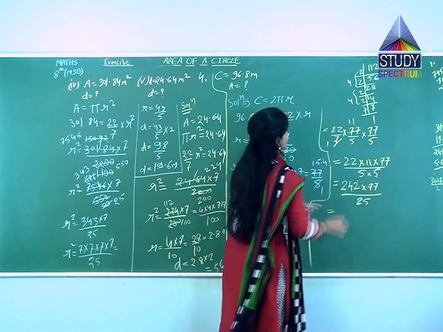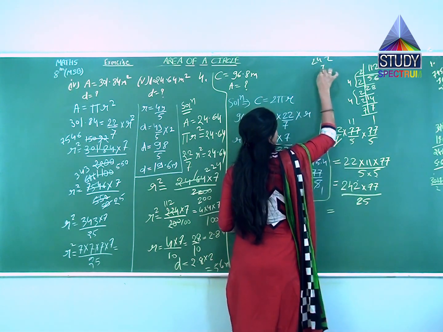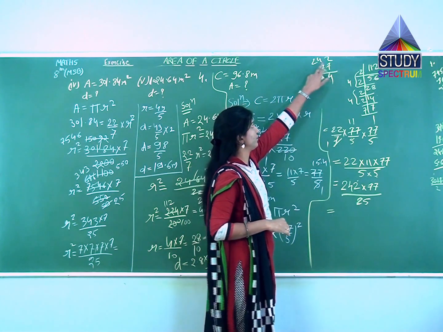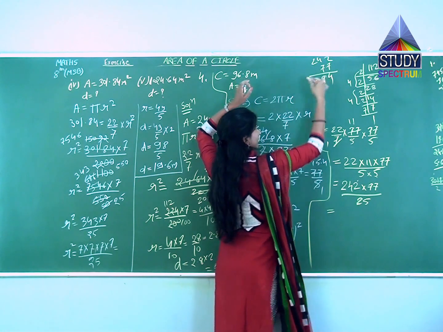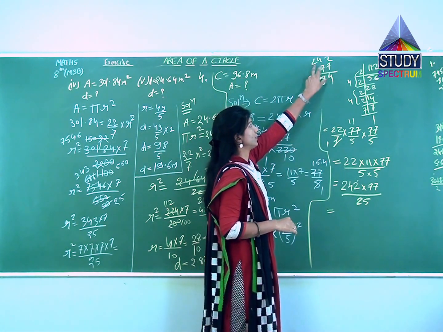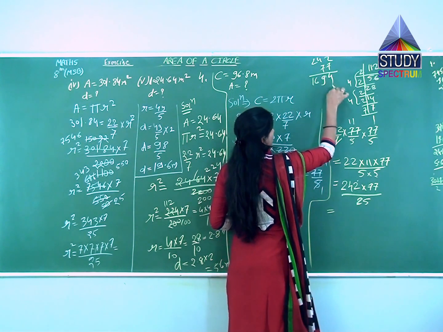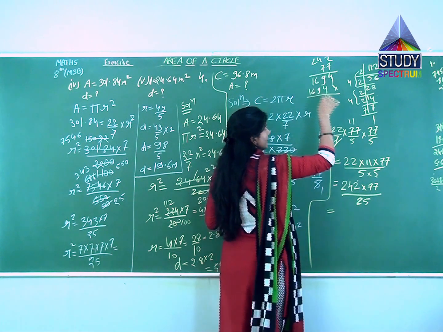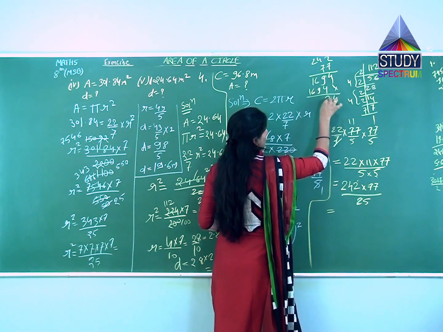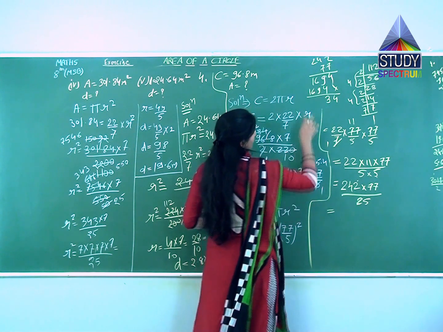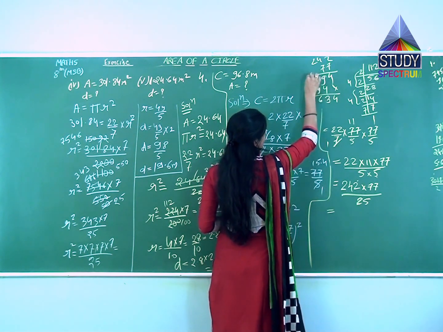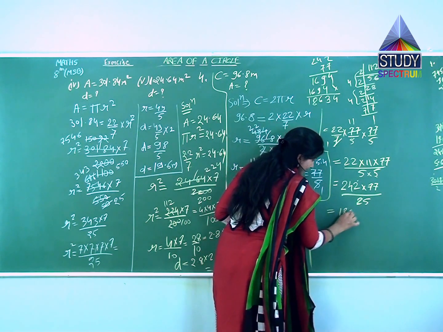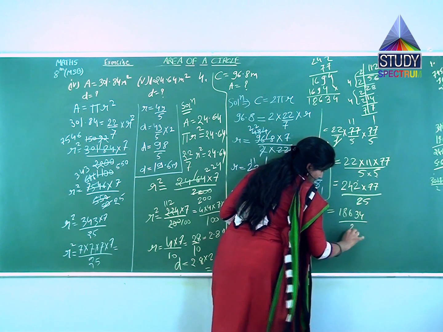Now 242 into 77. 7 twos are 14, 1 carries. 7 fours are 28, 28 plus 1, 29. 2 carries. 7 twos are 14, 14 plus 2, 16. This can be written again here, because we are again multiplying by 7. 4, 9 plus 4, 13, 1 carry, 1 plus 6, 7, 7 plus 9, 16, 1 carry, 1 plus 1, 2, 2 plus 6, 8. 18634 upon 25.